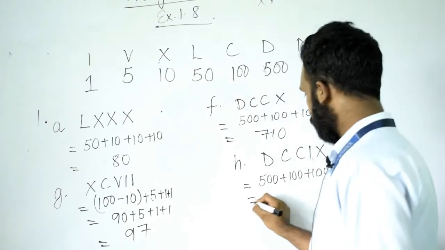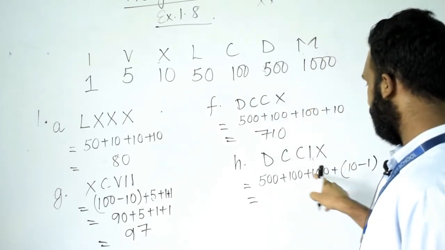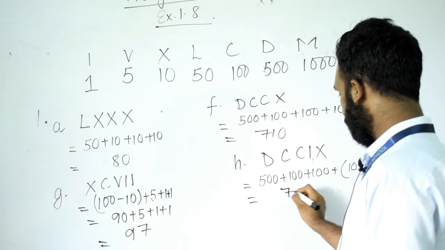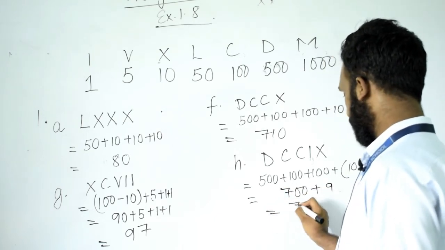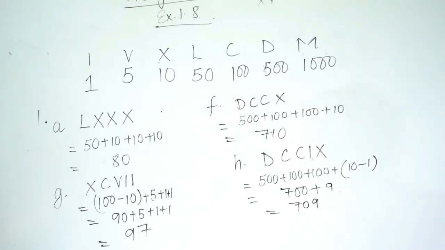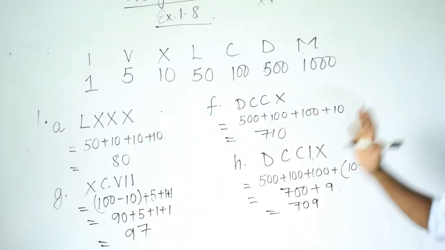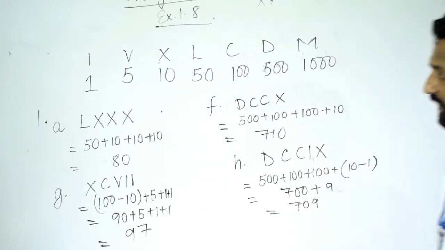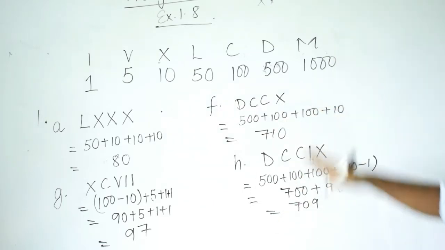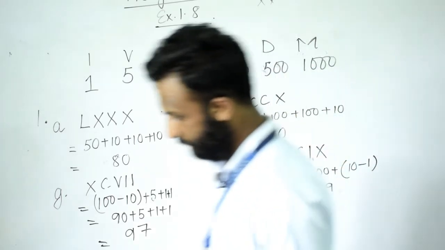So 700 plus 10 minus 1 is 709. So this is how you write the Hindu-Arabic numbers for this question. So we have completed question number 1, how to write the Hindu-Arabic numbers.